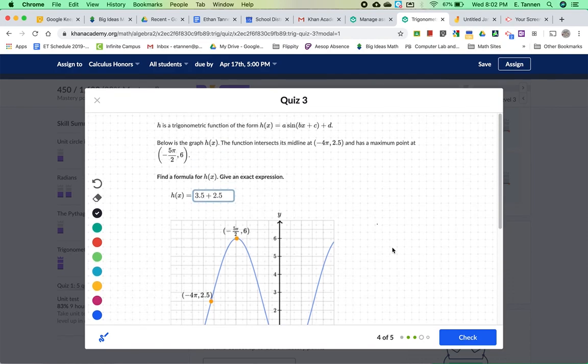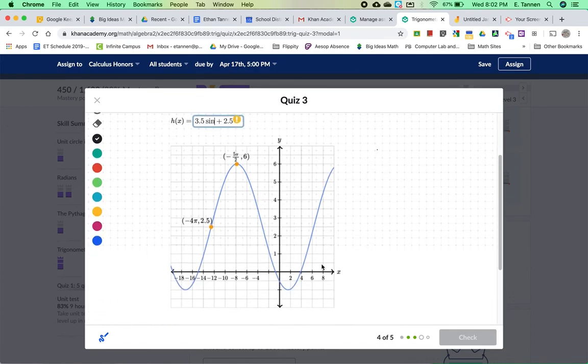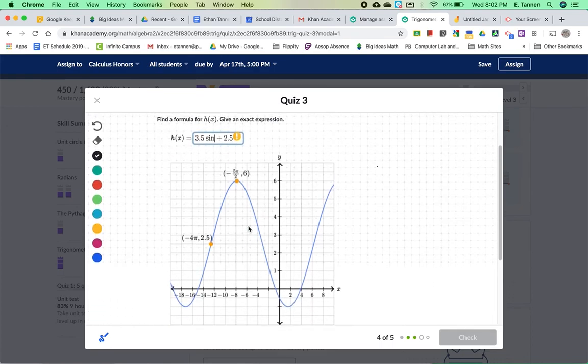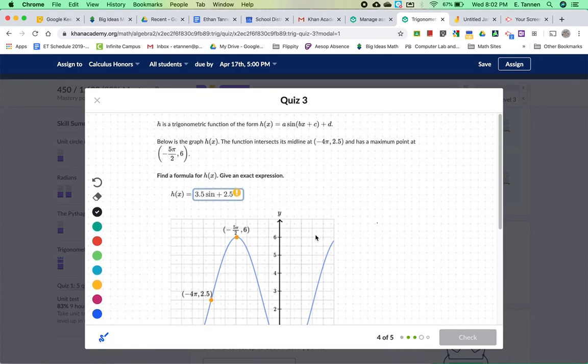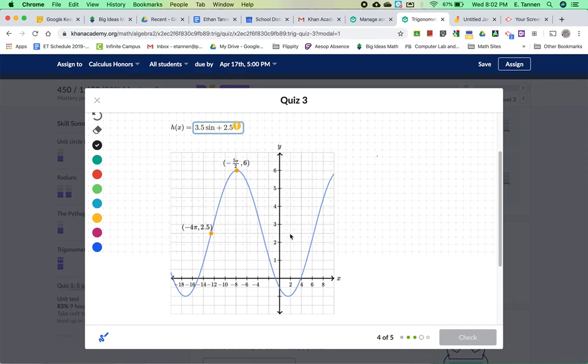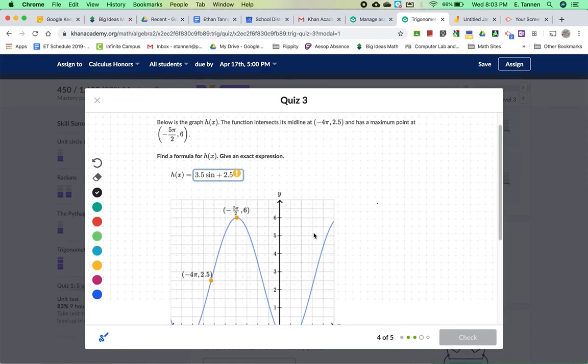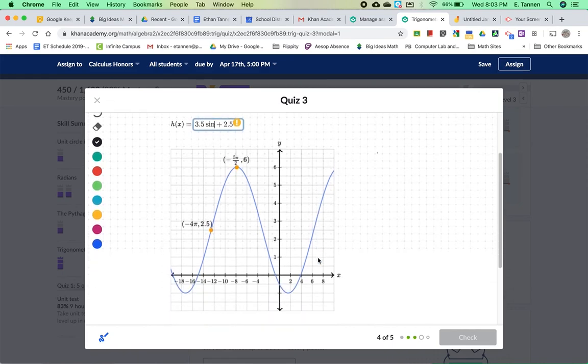This one, oh, it says it's in the form of sine, so usually sine starts at the midline, so we're going to have to think about how this was shifted. It looks like it was shifted over about 2 pi. But we need to figure out the period.